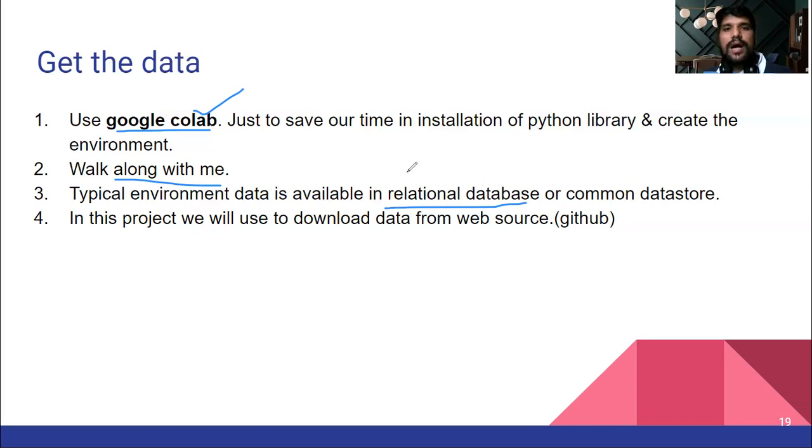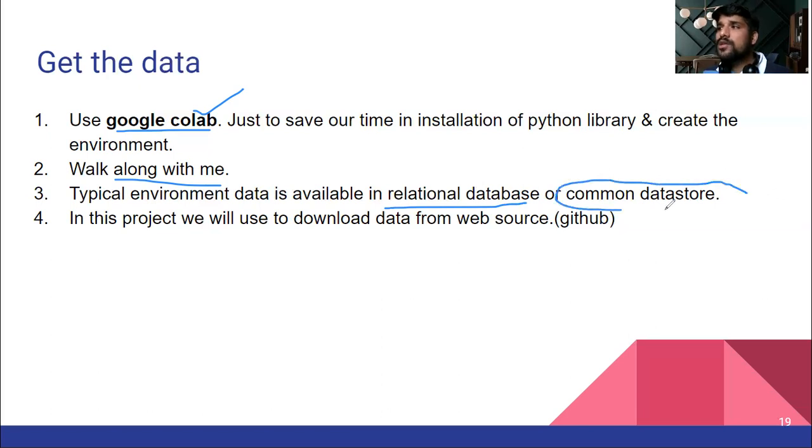They save the data in their database, and from that database we access the data to do our machine learning work. But when we are doing our practical work, we don't have such a database set up available, so we will use some kind of CSV file or Excel file for our program. But understand, in reality this data is stored in a relational database.